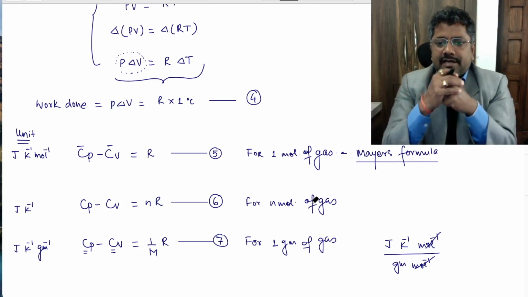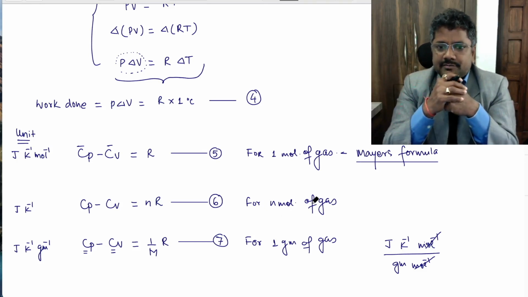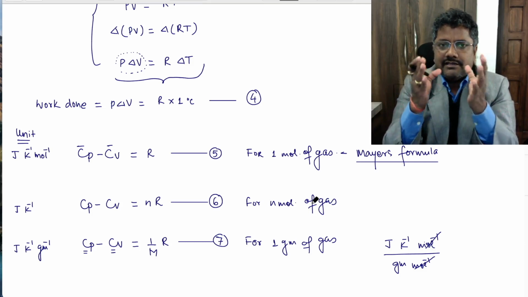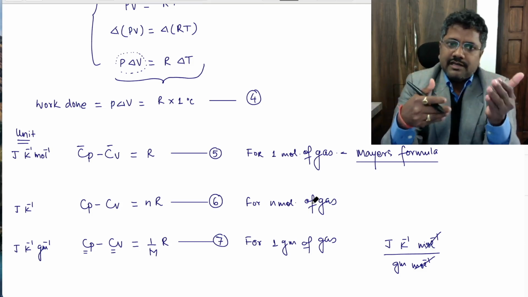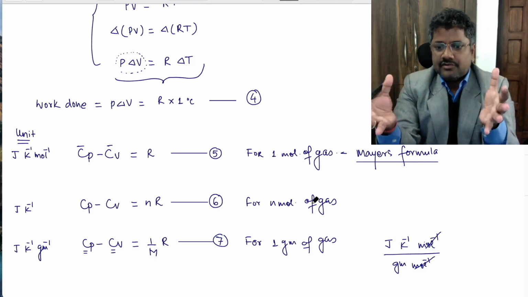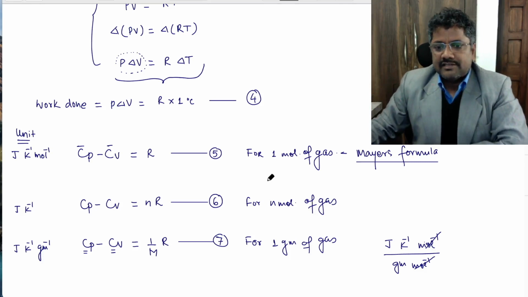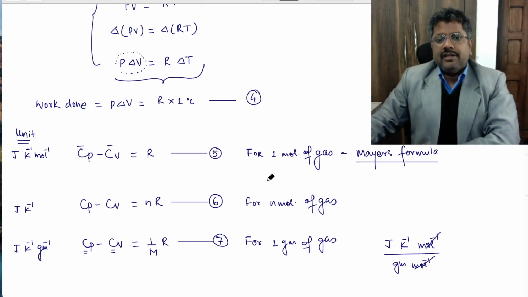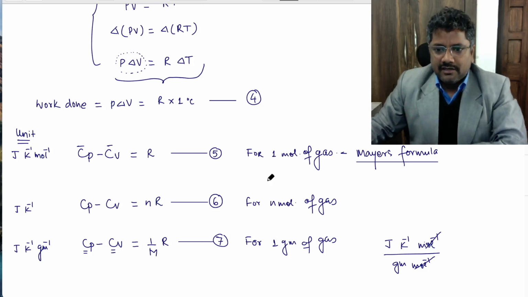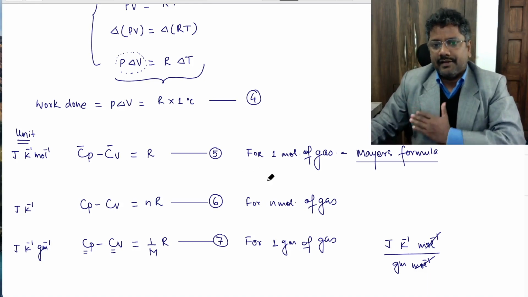So CP and CV are two different kinds of specific heat for gases, and this difference is due to the different path. In one case we are taking a constant volume path, and in the other case we are taking a constant pressure path. Okay, so hopefully all of you have understood what is CP, what is CV, and how they are related.